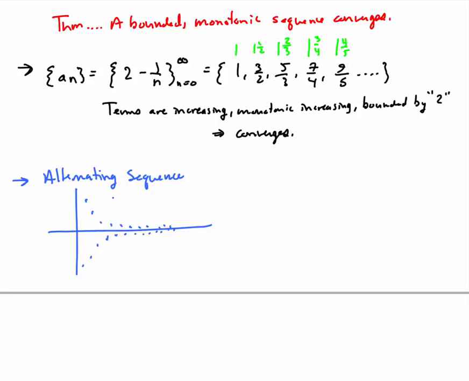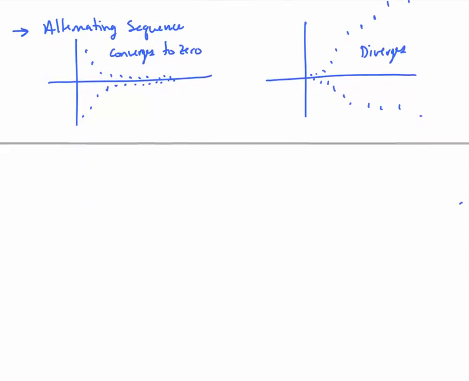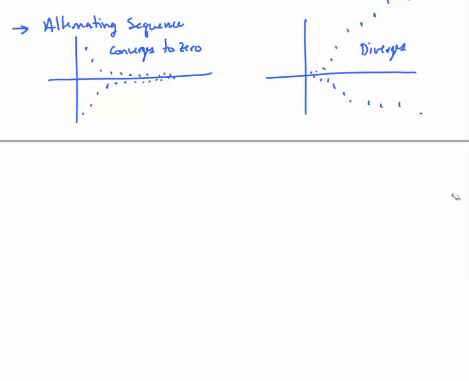So this is an alternating sequence that converges to 0. We could also look at an alternating sequence that starts out and it diverges. It's getting larger and larger. So an alternating sequence doesn't always have to have convergent or divergent behavior. It depends on the particulars of that sequence.